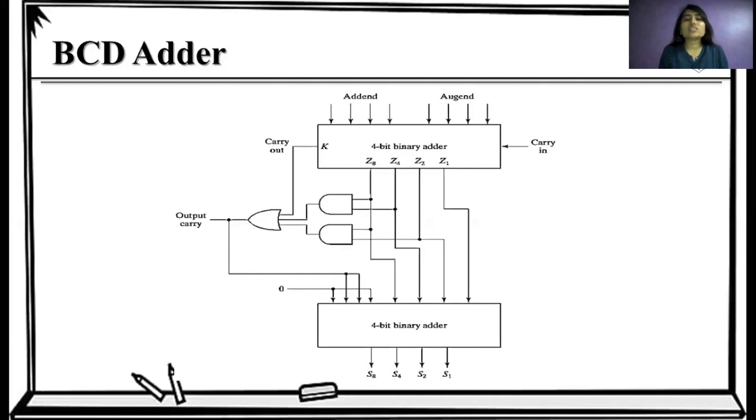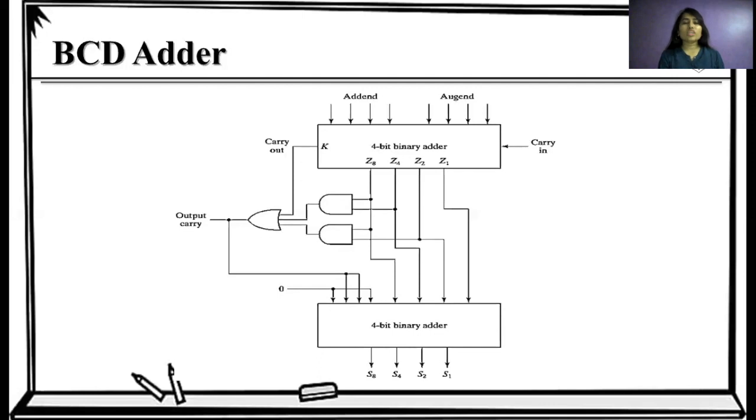As well as 8 and 2: if a number has both these weights at a time, it is also greater than 9. So again this number is invalid for BCD, and we have to correct it. For the output carry condition, Z8 and Z4, and Z8 and Z2, we have to correct this binary sum into the correct BCD sum.